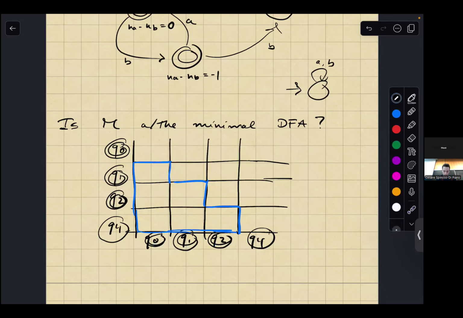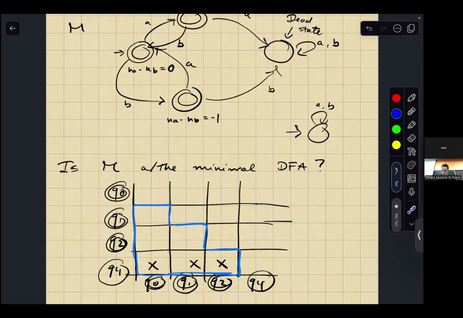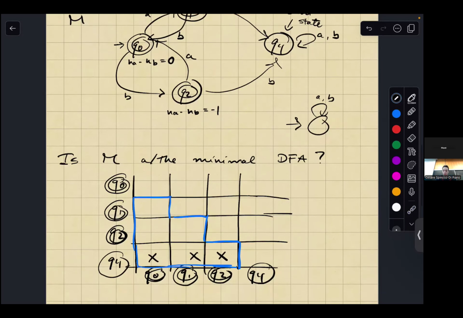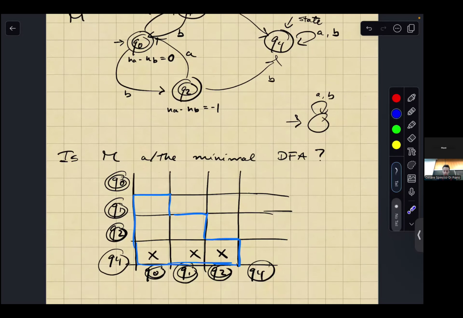So Q4 is not going to get grouped in with Q0, Q1, Q2. I should have told you what Q0, Q1, Q2 were. My bad. Say this is Q1. So Q4, which is the dead state, is not going to get grouped in with any other state. That makes sense?